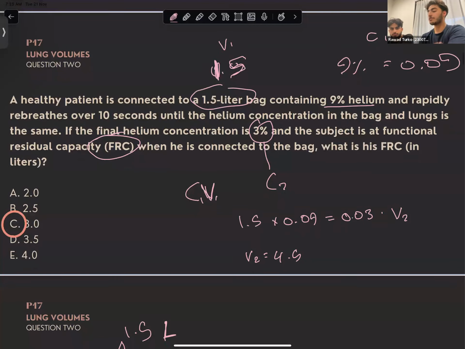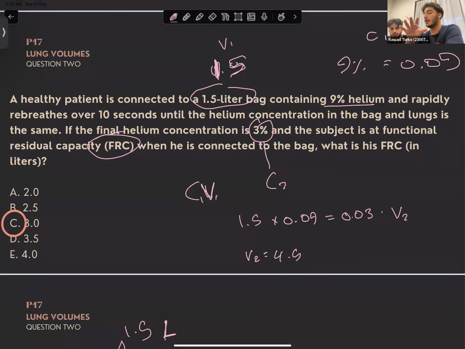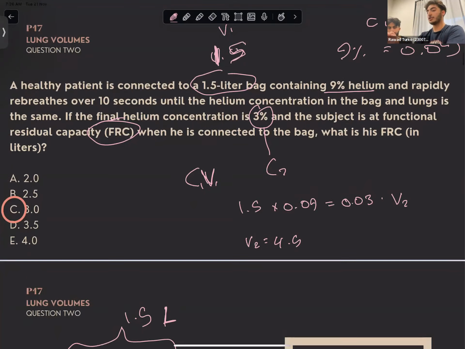So to answer your question, in your slides, it's written as residual volume. Now you're using this method to measure specifically your residual volume, or your functional residual capacity, because and only because your functional residual capacity includes your residual volume. So the end goal is to reach your residual volume.